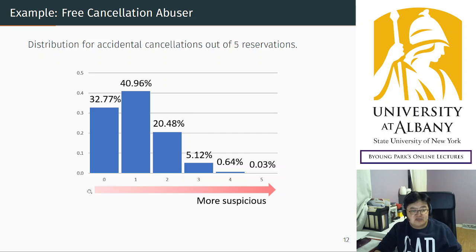And from this histogram, you can tell the customer will be more suspicious in this direction. Canceling all the time is the most suspicious, and then the next and the next, and the least suspicious is in here.